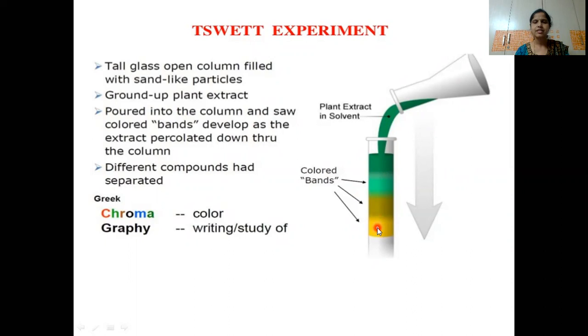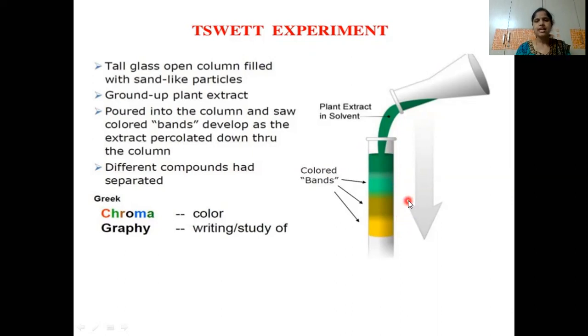All the colored bands are being separated from the solvent. That means by this experiment what he came to know is this technique can be used for the separation of the components. Based on these color bands, he identified the various components present in the plant extract, such as xanthophylls, chlorophylls, and other colored compounds.